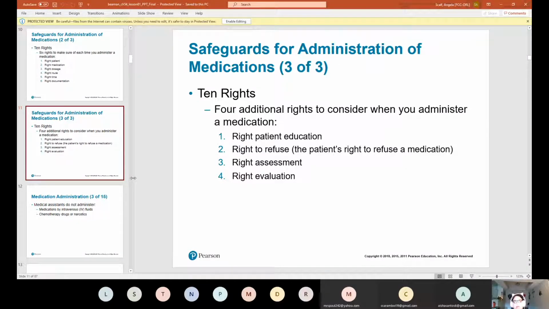If you administer medication, and you need to write this down, a patient is going to stay in your office. It might be in that room, it might be in the waiting room, but they're going to stay there for a minimum of 15 minutes. And that's law.